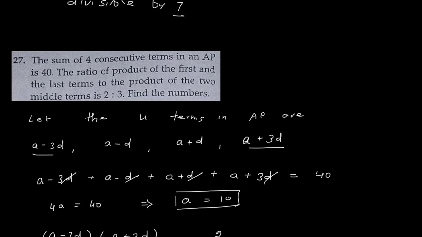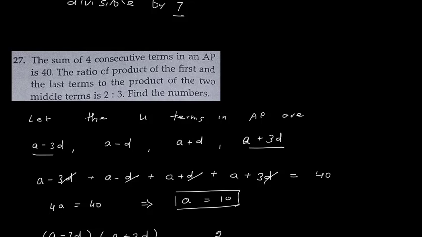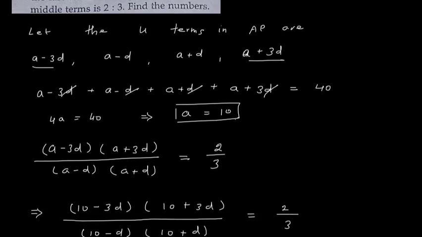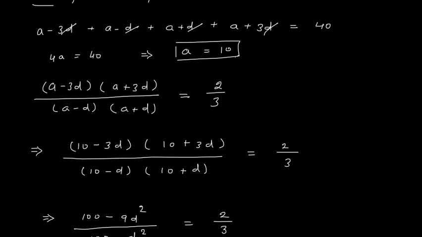Let us once again revise. 2:3 is given. What is the problem? The sum of four consecutive terms in an AP is 40. The ratio of the product of the first and the last term to the product of the two middle terms is 2:3. Find the numbers. So a is 10, that is fine. Then a minus 3d into a plus 3d, first and last term, and the middle two terms, a minus d, a plus d.